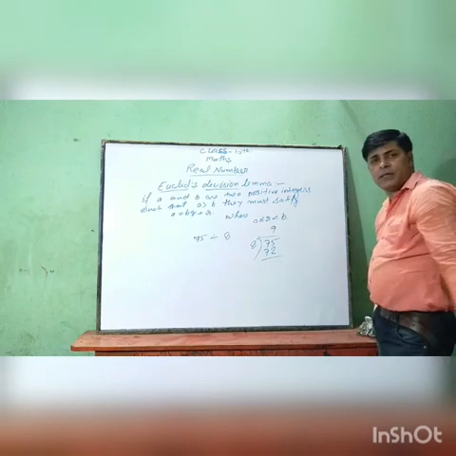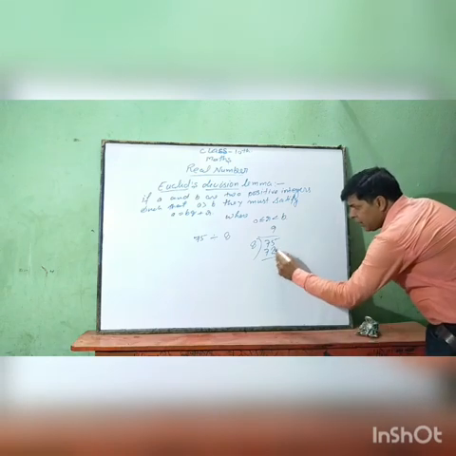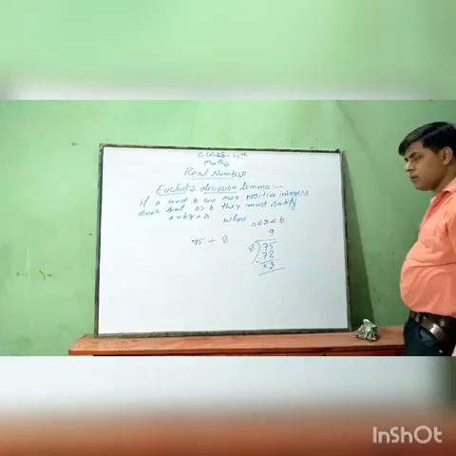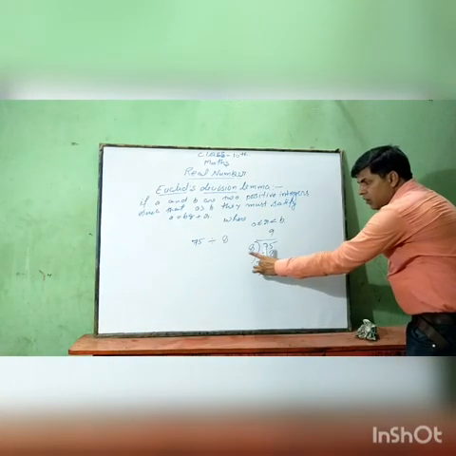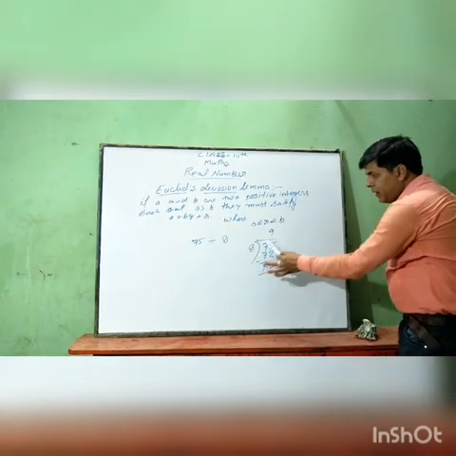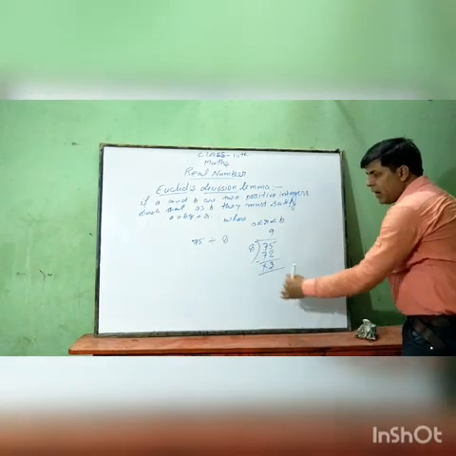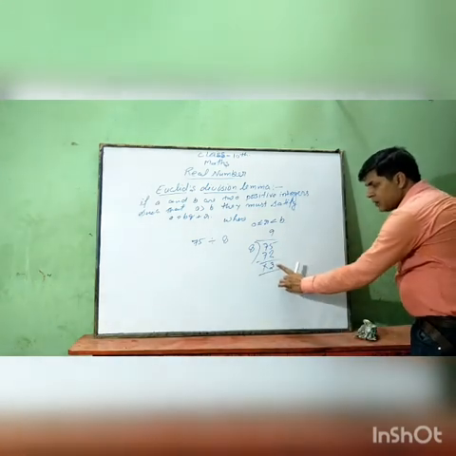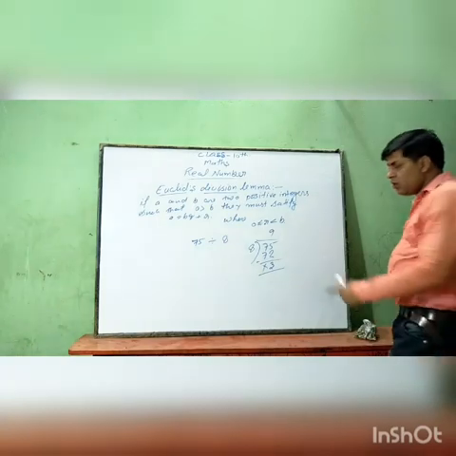When we subtract 72 from 75, we get 3. So 3 becomes the remainder.